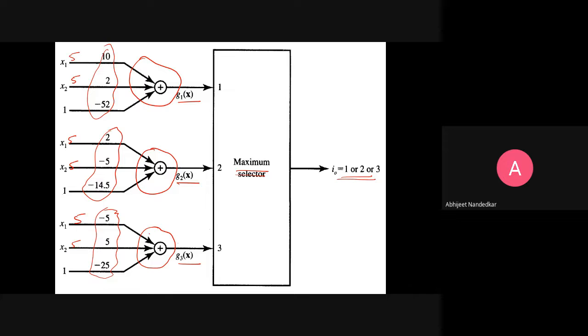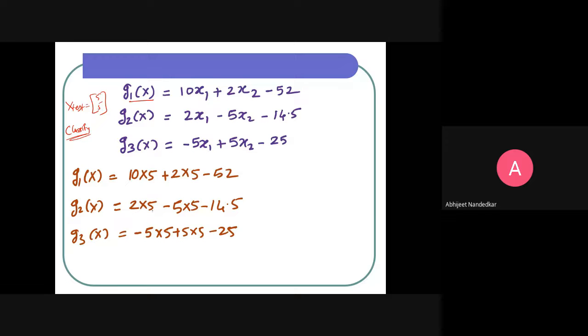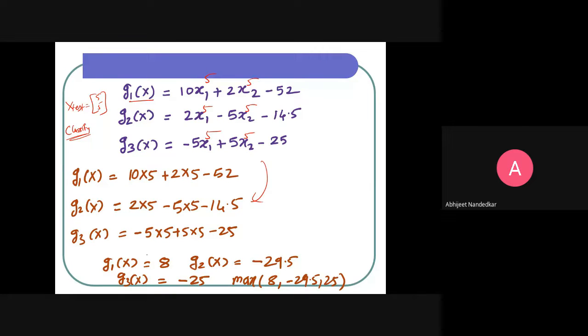All equations will receive the same input, and for the same input, we will calculate the respective values of G1x, G2x, G3x. So substitute here 5, 5, then 5, 5, 5, 5. Then you will get G1x equal to 8, G2x equal to -29.5, G3x equal to -25.